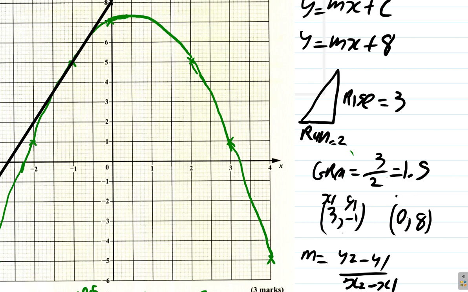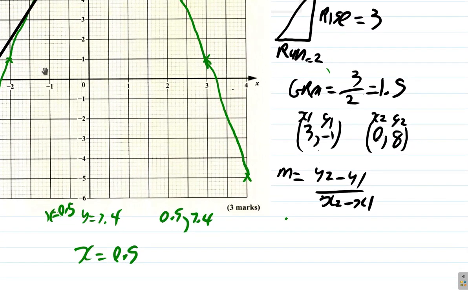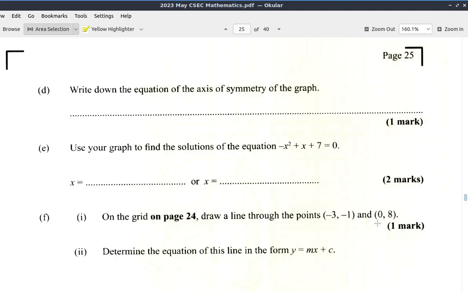This point as point 2, this is x2, this is y2. Now, y2 is 8 minus y1 is negative 1. That's the rise over the run. The difference between the y's is the rise. The difference between the x's is the run. x2 is 0 minus x1. So 8 minus negative 1 is 8 plus 1, which is 9.